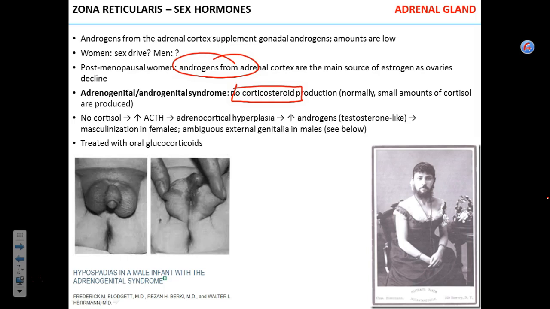Now, remind me please how the hypothalamus-pituitary-adrenal axis looks. The hypothalamus produces CRH, which stimulates ACTH, which eventually stimulates production of cortisol.